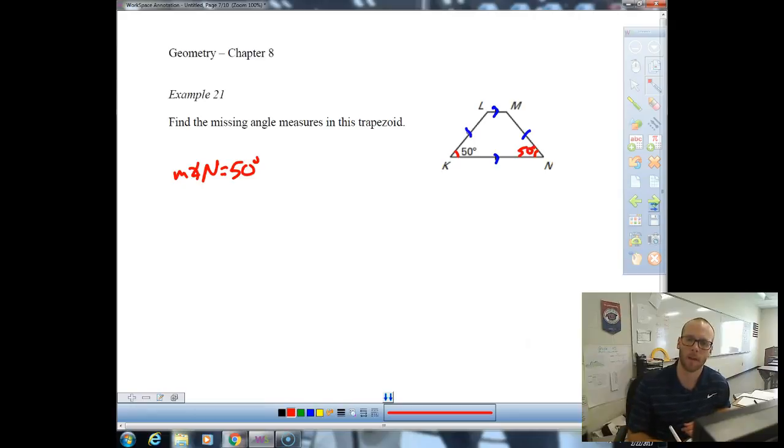Okay. How about angle L or angle M? Well, go back to the parallel bases. Treat this as a transversal. These two angles are consecutive interior angles, which we know are supplementary. Okay. Angle L has to be 130, and same with angle M.